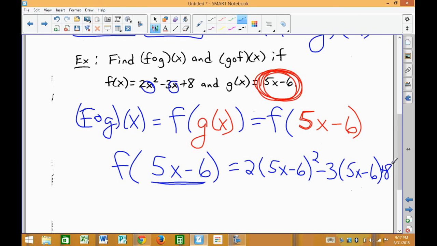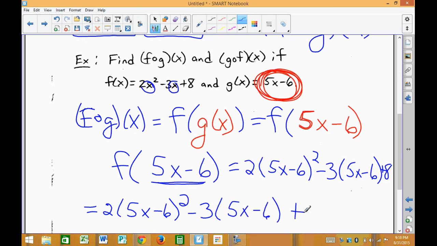So my function is now 2 times 5x minus 6 squared minus 3 times 5x minus 6 plus 8. That is what F of G of X is equal to.